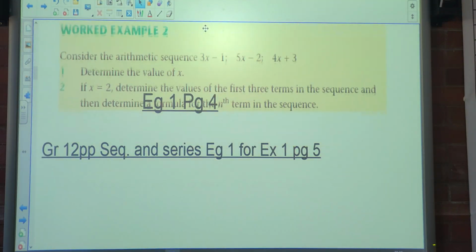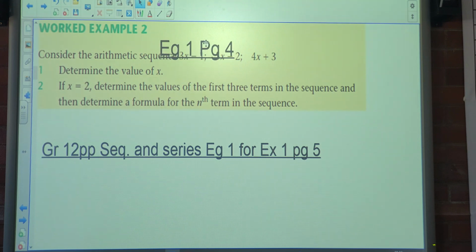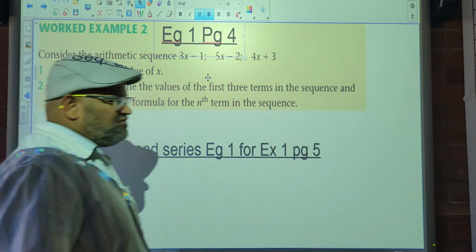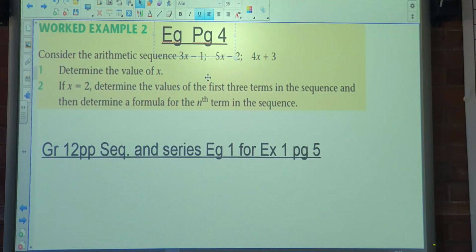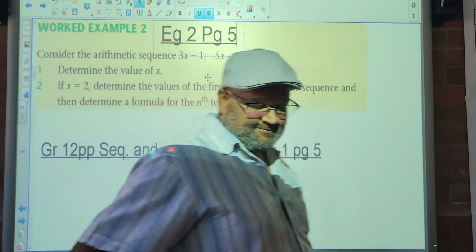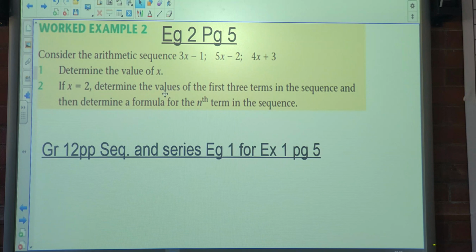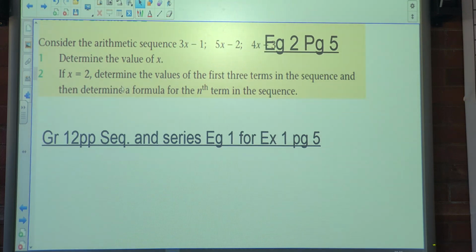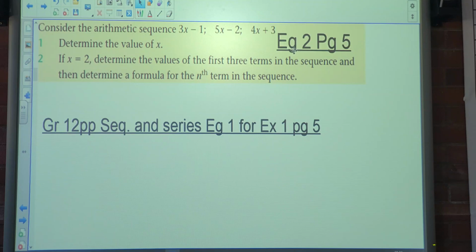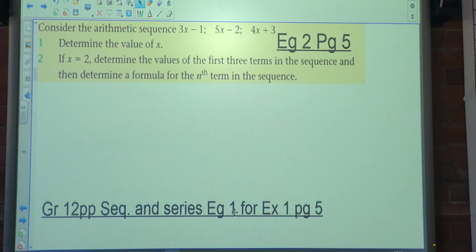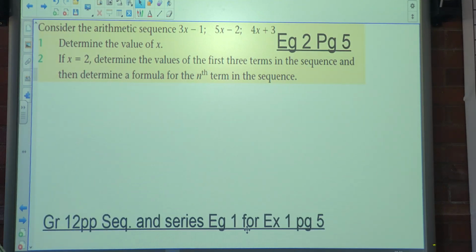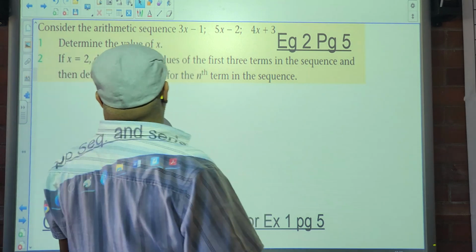So let's look at the next example. This is example 2, and example 2 is on page 5. So we are told that consider the arithmetic sequence. You got 3x minus 1, 5x minus 2, and 4x plus 3.